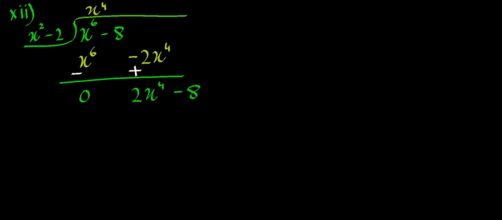Now, moving ahead with the next step, we have x raised to 2 multiplied by what will give me 2x raised to 4. Obviously, first I'll have to write plus 2. 2 multiplied by 1 will give me 2 because there is a hidden 1 over here.